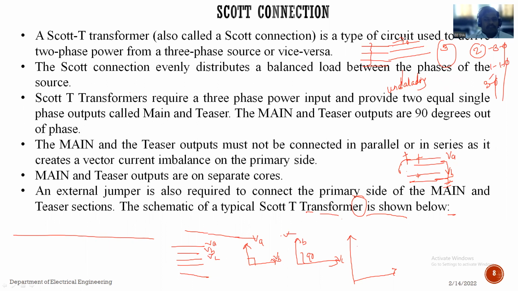So see, for that reason the Scott connection is useful, because if we do the Scott connection while converting three phase to two phase, it will provide a balanced load between the phases of the source. म्हणजे सोर्सच्या जर 3 फेज असतील आणि मी 2 फेज लोड कनेक्ट केलेला आहे, also it will provide a balanced load current in all 3 phases of the system. तिन्ही फेज वरती काय होईल, त्याचा बॅलन्स्ड करंट फ्लो होईल. ओके, so that's the reason we are doing the Scott connection.